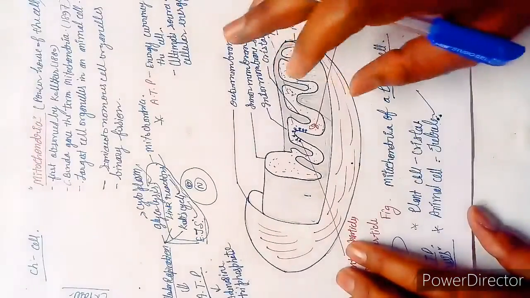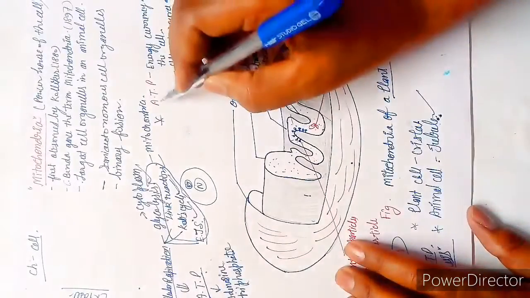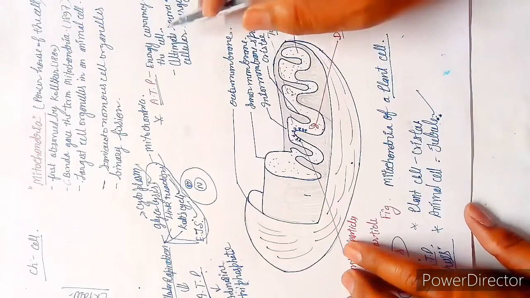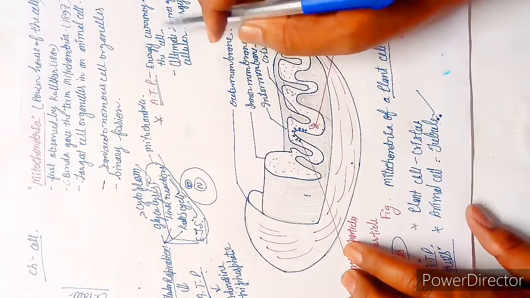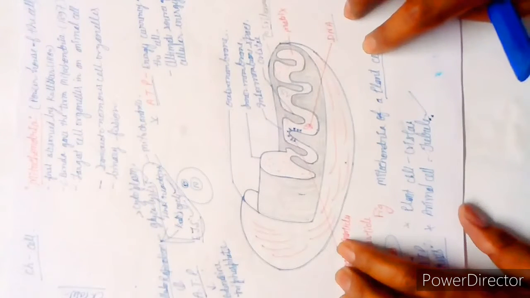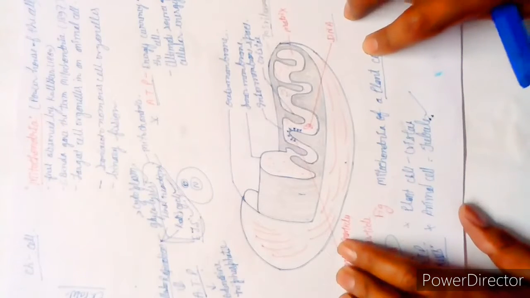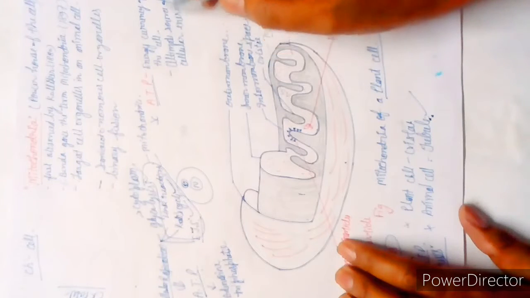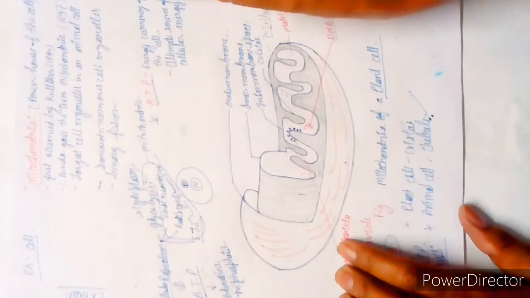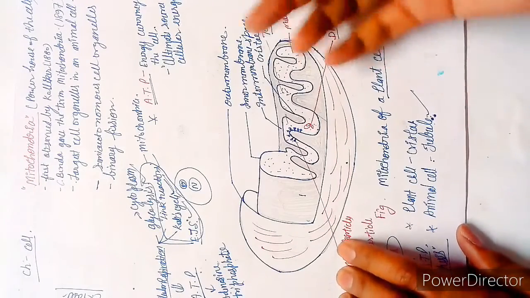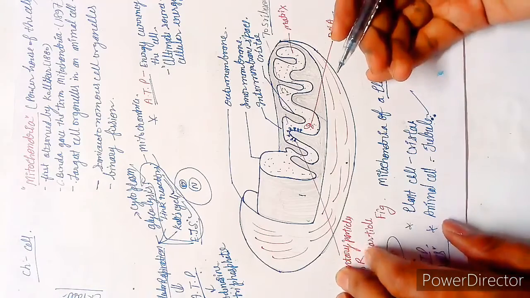And in which form do they synthesize the energy? They synthesize the energy in the form of ATP, and that is called the energy currency of the cell. And ATP is also called the ultimate source of cellular energy. Okay students, and some books also call it energy broker.